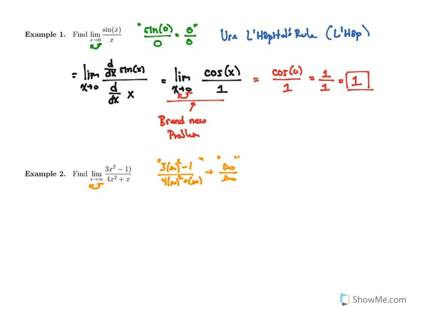There's our indeterminate form, but it's one that we can use L'Hopital's rule on. So this limit is going to be equal to the limit as x approaches infinity of the derivative of the top over the derivative of the bottom.